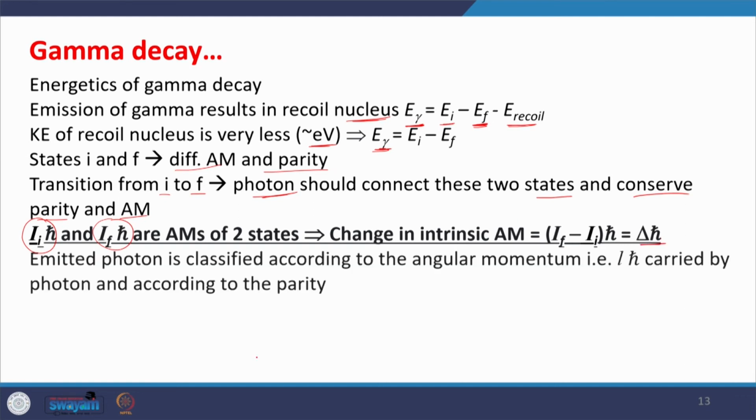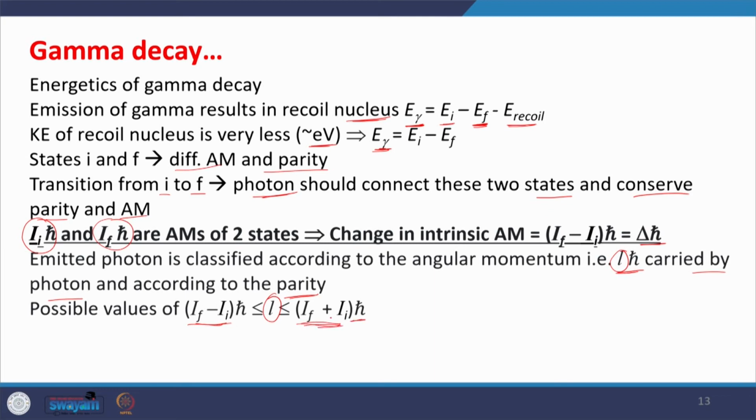So, the emitted photon, that means the gamma ray, can be classified according to the angular momentum carried by the photon, where L is equal to 1, 2, 3, 4, and according to the parity. And what are the possible values of L, my dear? They range between the absolute value of I_F minus I_I and I_F plus I_I, in units of h cross. So, this relation you know very well.